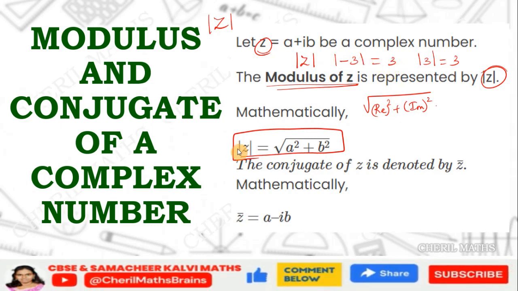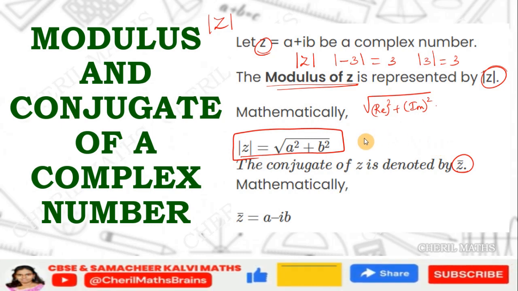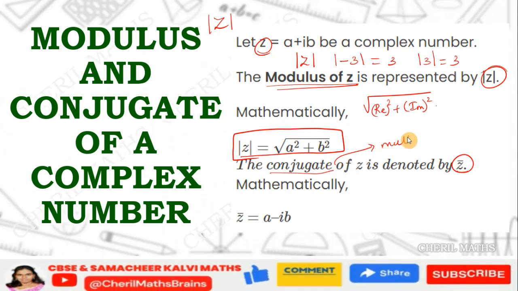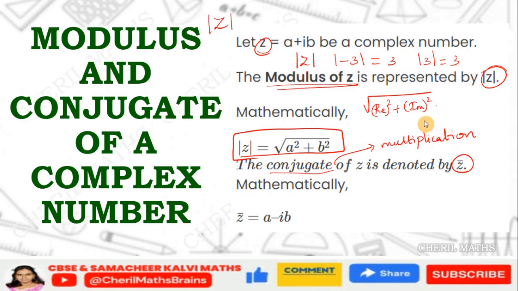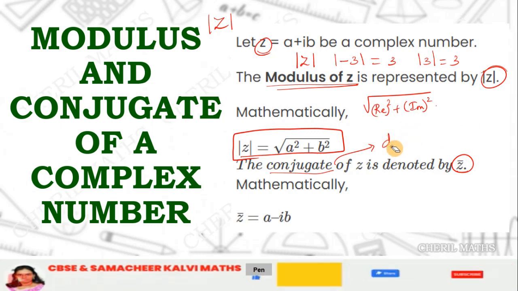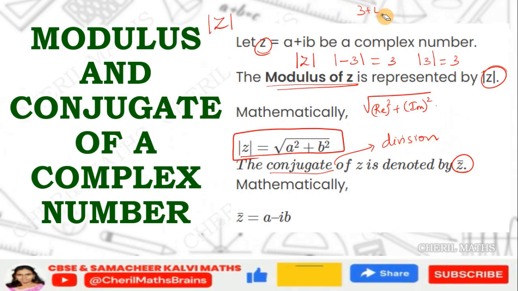The next one we are going to learn about is the conjugate. Conjugate is denoted by z bar. You're just going to change the sign. We've already learnt about this conjugate concept in division. If you have any doubt, please get back to that video. When you had a number like 3 plus 4i divided by 5 minus 2i, what did we do?